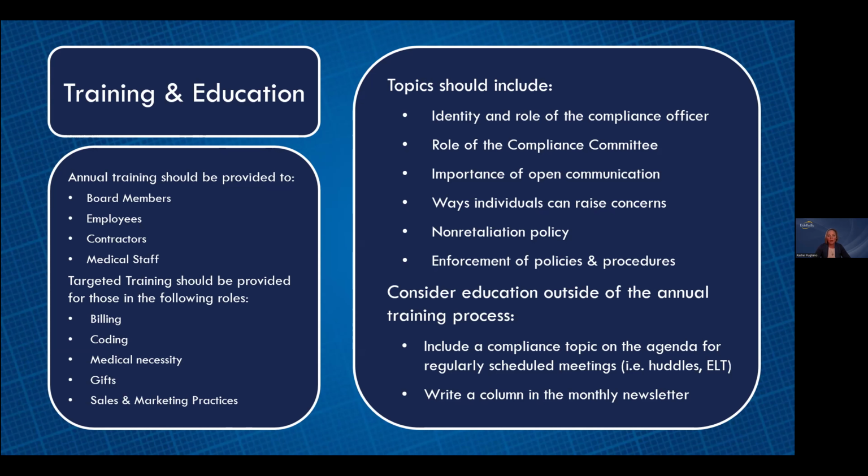And if you have a monthly newsletter that's published at the organization, maybe including a compliance corner or some sort of messaging from a compliance perspective, doesn't have to be very long, can be very brief. Sometimes it could be reiterating some of the components that we just talked about on this slide, or it could be something new that's just been communicated from the OIG that you would like to share organization wide. So that's just some ideas of other ways to communicate about compliance throughout the year.